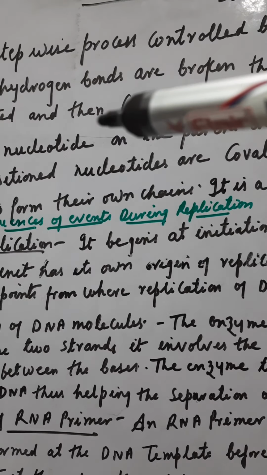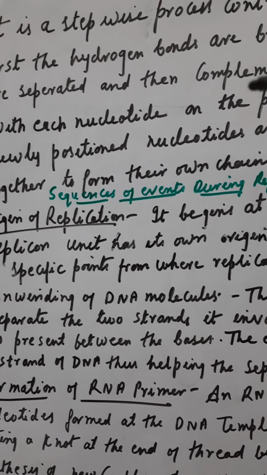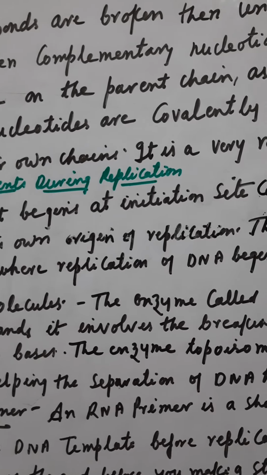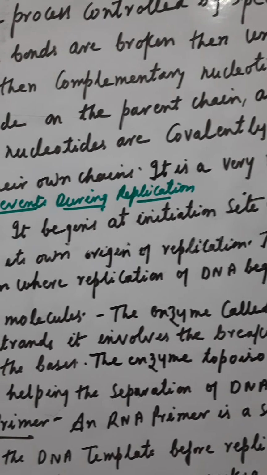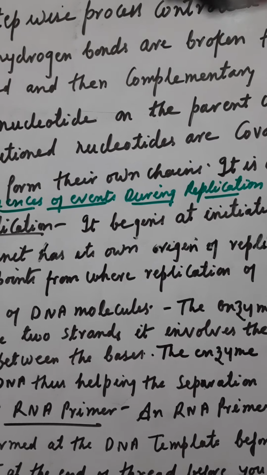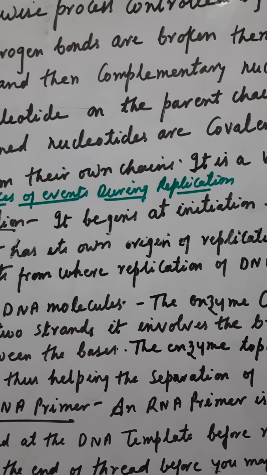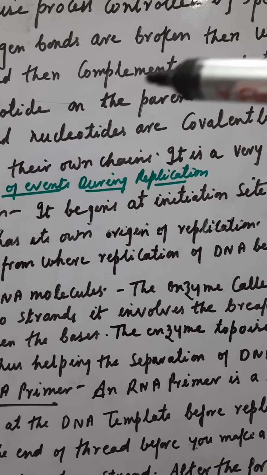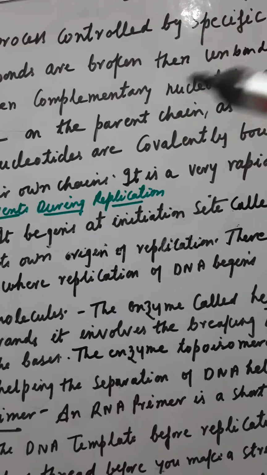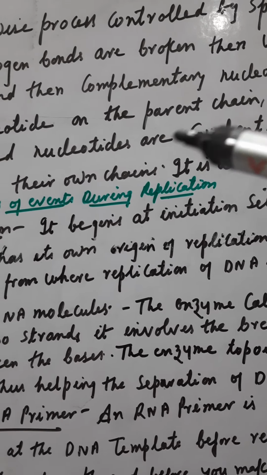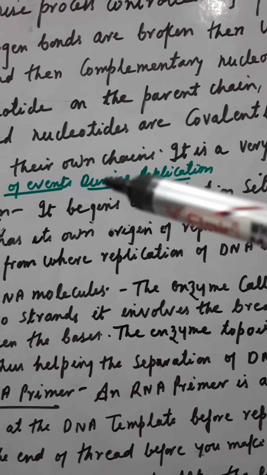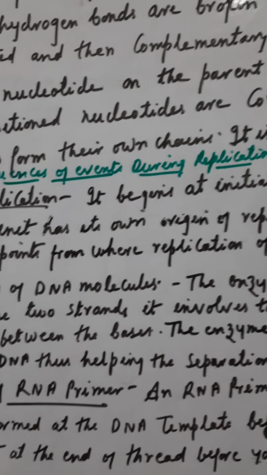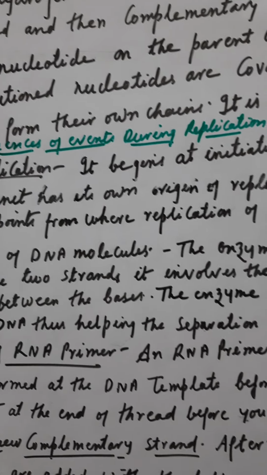As I have told you before, in the semi-conservative model, first the hydrogen bonds are broken and then the unbonded chains are separated. After that, complementary nucleotides are paired with each nucleotide on the parent chain. How this pairing is done, yesterday I had explained. As a result, newly positioned nucleotides are covalently bonded together to form their own chains.